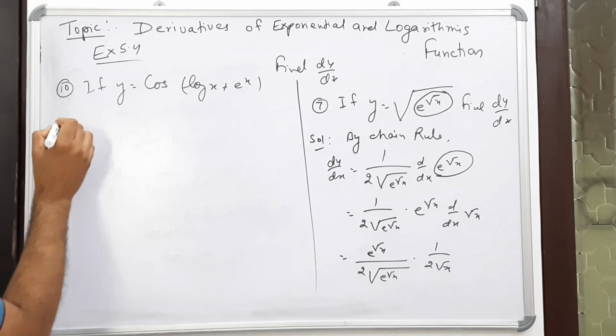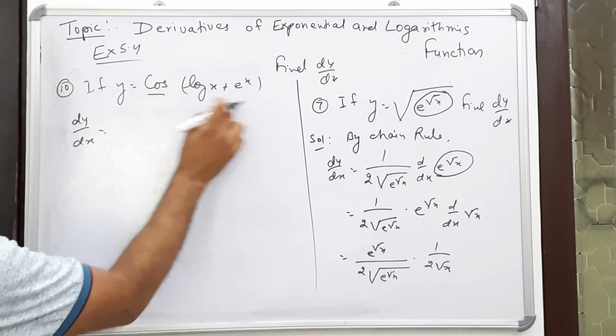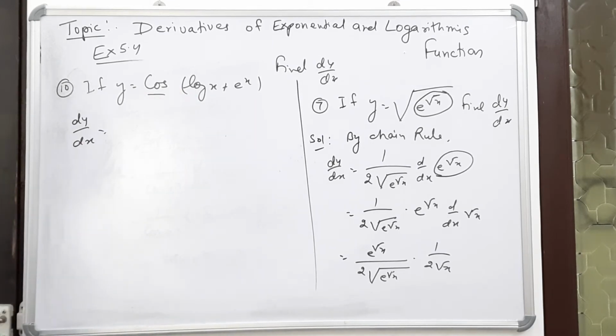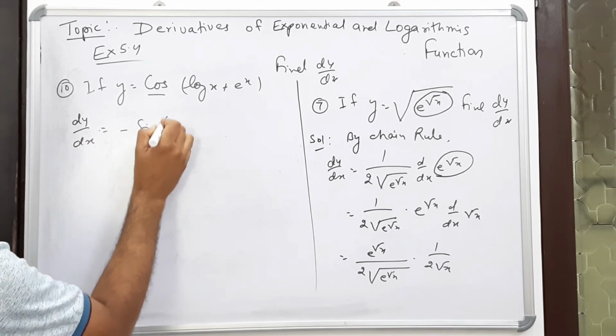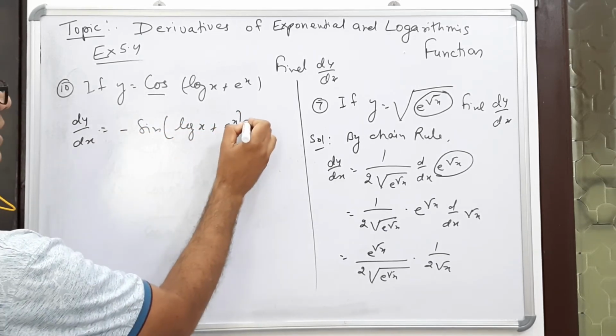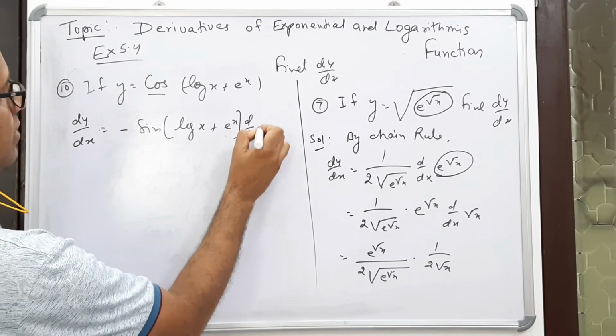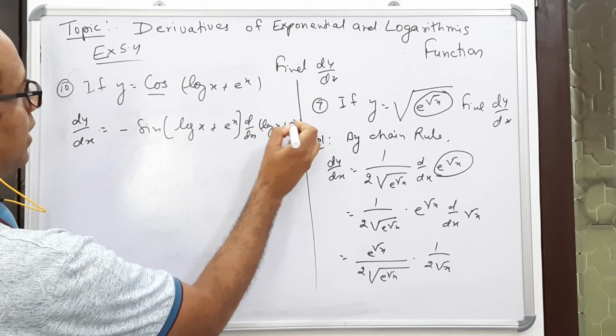So in this, you see dy by dx will be cos of something. So when it is cos something, the answer will be minus sine of log x plus e power x, and then d by dx of log x plus e power x.